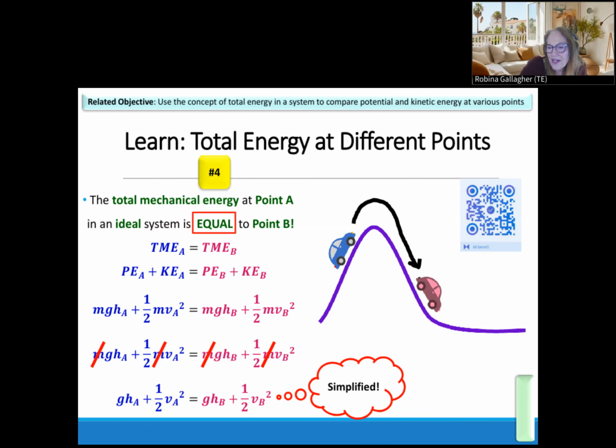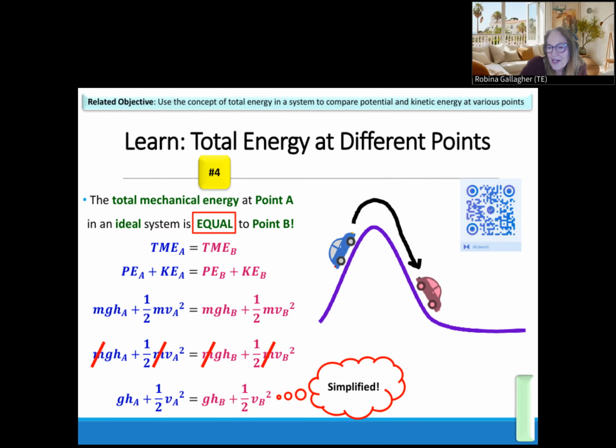Yeah, and this is where it really gets intense, guys, so I apologize. Okay, now, if I have a car sitting up at the top and it's at rest, do you see where it says 0 meters per second, right? That tells me that there is no kinetic energy in that car sitting up at the top.